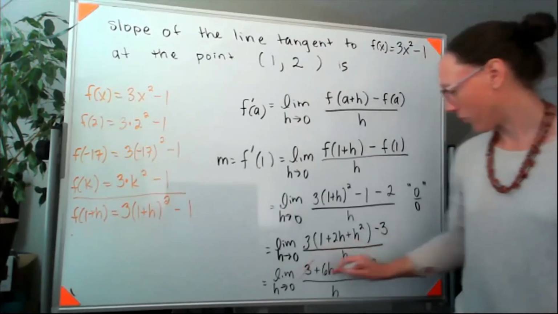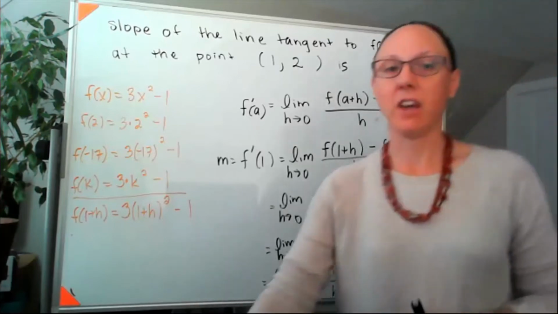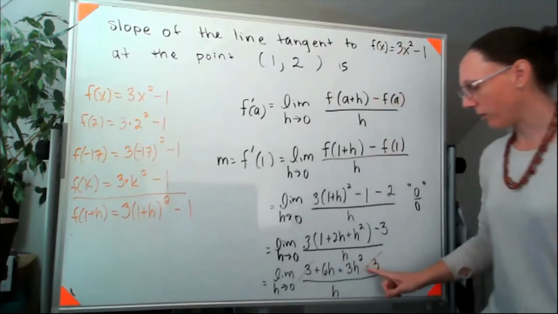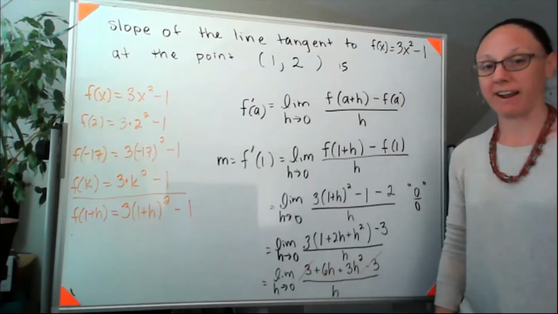I can see that my 3 and my minus 3 are going to cancel. And now I have the option. We can either think about factoring an h from the top or writing this as 2 separate fractions.